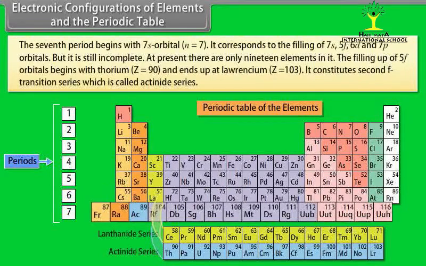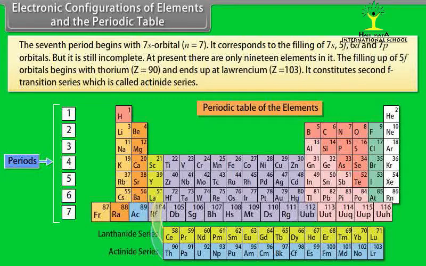The seventh period begins with the 7s orbital, that is, n equals 7. It corresponds to the filling of 7s, 5f, 6d, and 7p orbitals, but it is still incomplete. At present, there are only 19 elements in it.